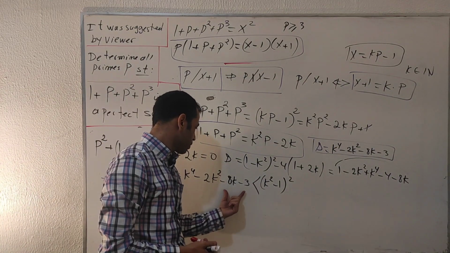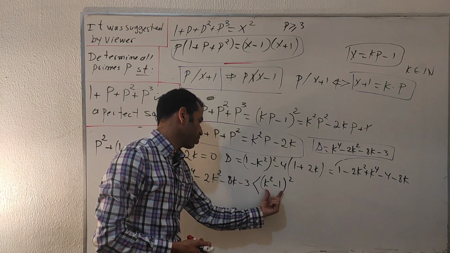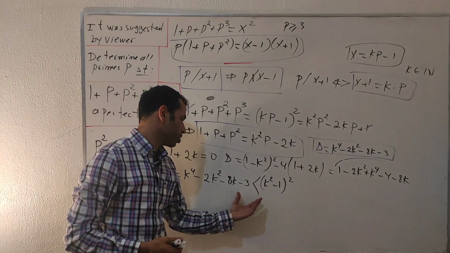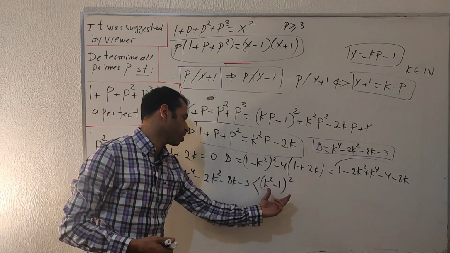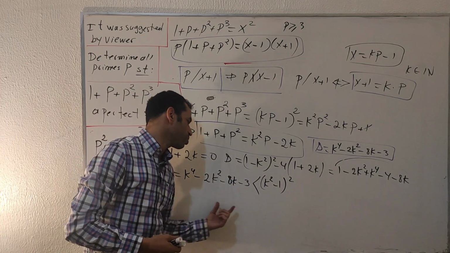So delta is always smaller than this term, whatever the value of k is. The inequality is verified for all k, so even with k equals 1 as a minimum value, the inequality holds.